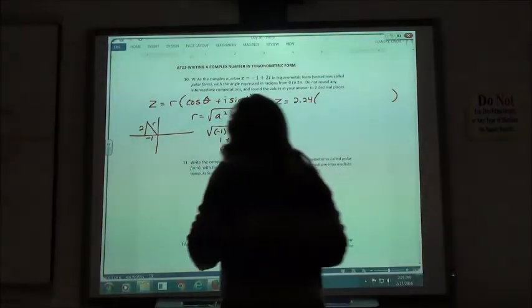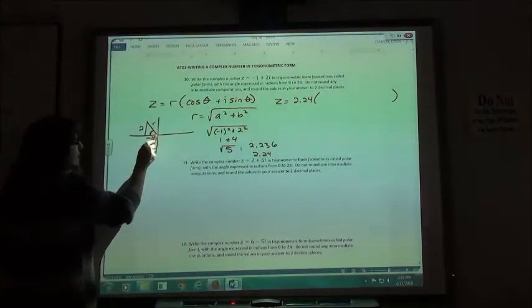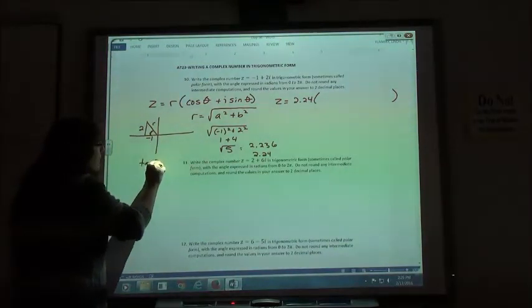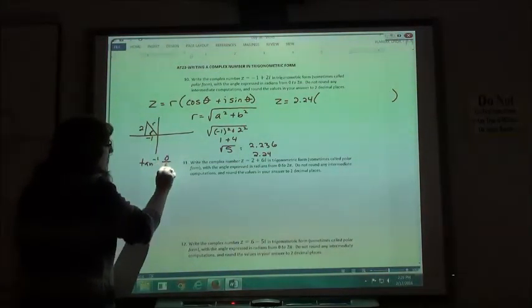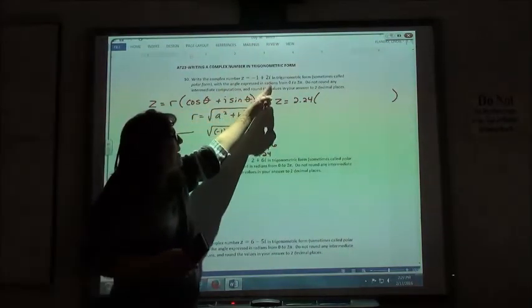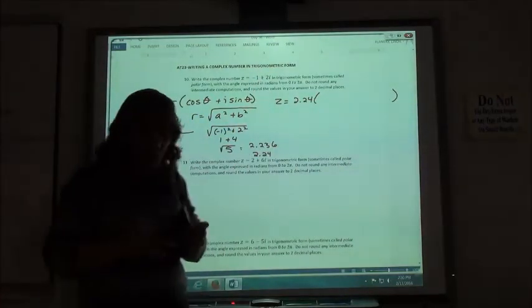Now, the angle is what I'm looking for. Again, I have the opposite and the adjacent, so I'm going to do the inverse tangent of the opposite over the adjacent. Now this is going to be in radians, so you need to switch your calculator from degree mode to radian mode.